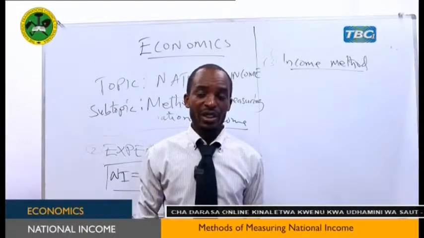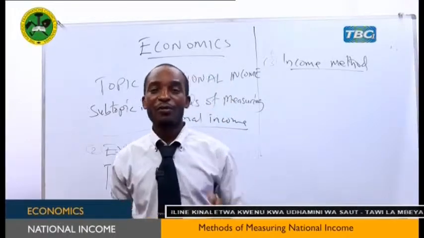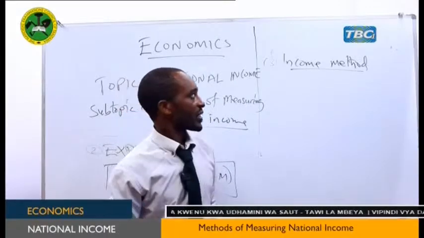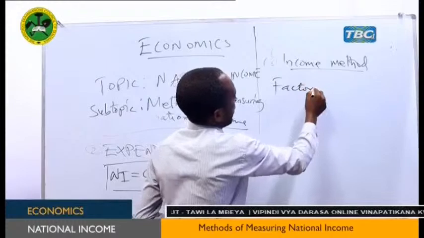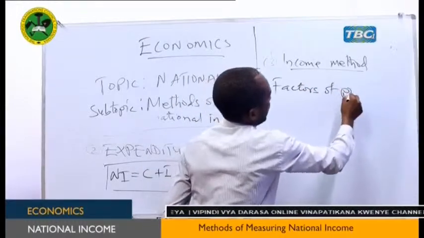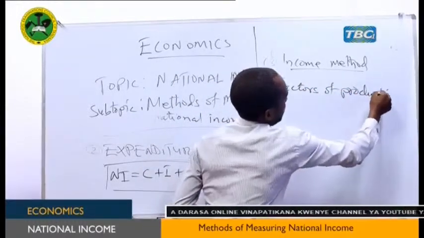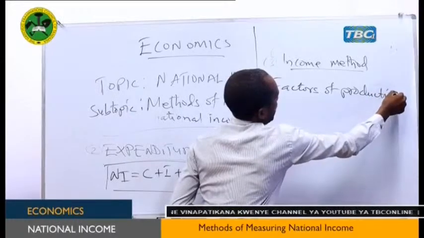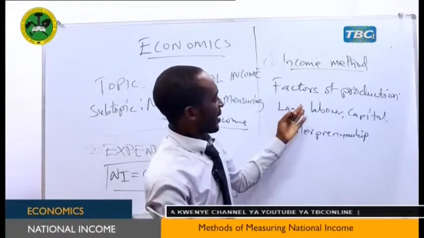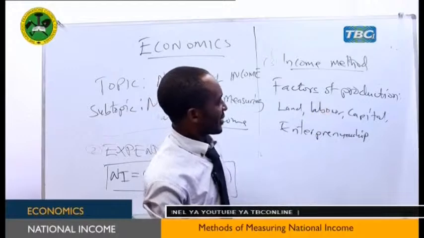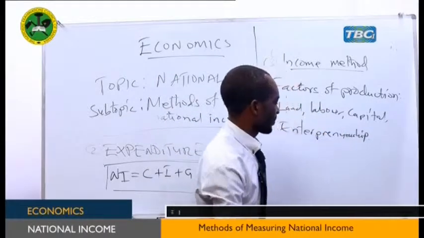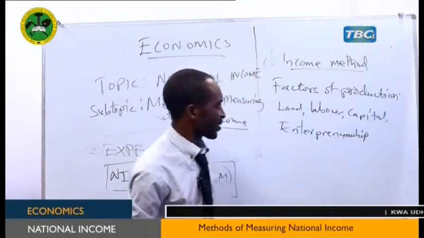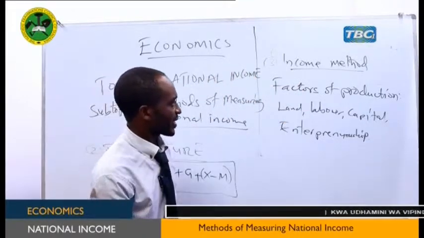And we know that basically we have 4 factors of production in our economy: labor, land, capital, and entrepreneurship or organization.